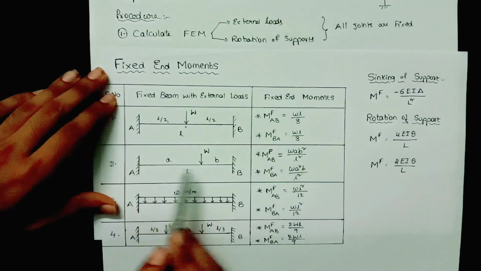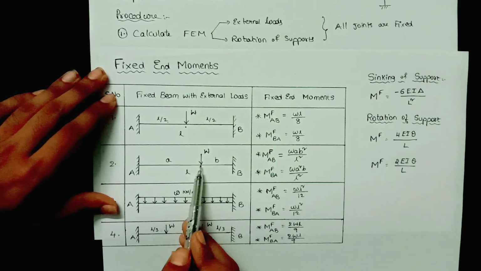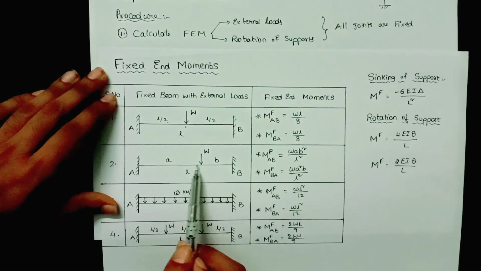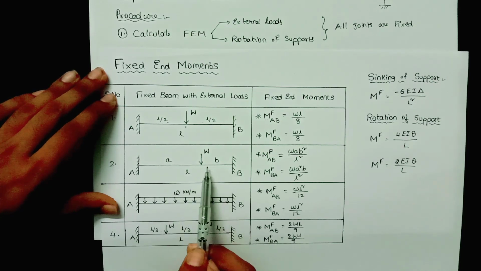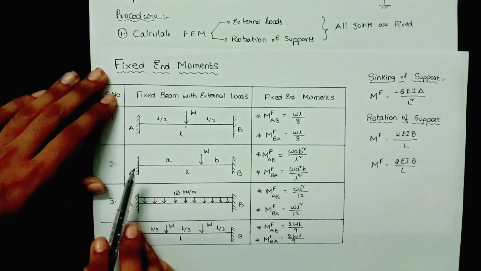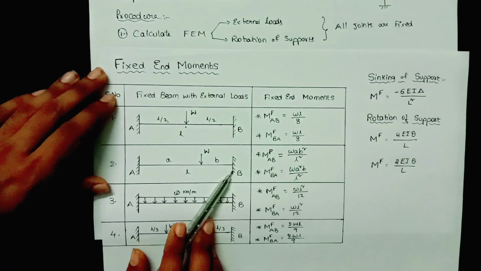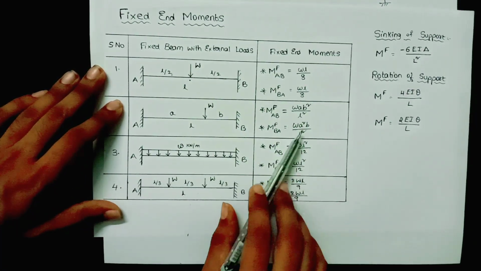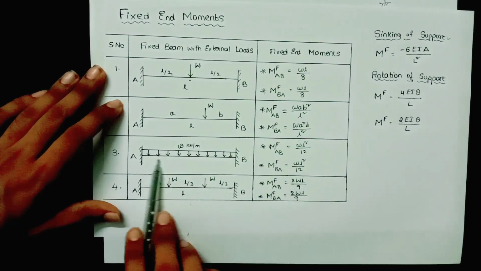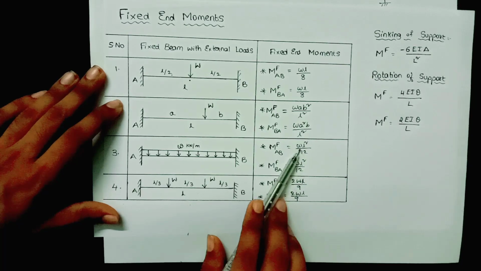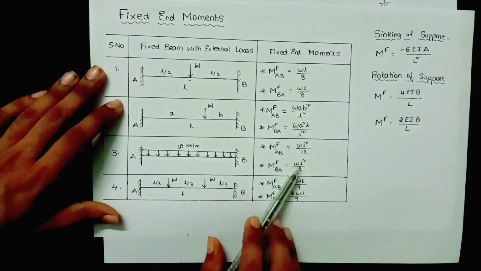If there is a fixed beam having a point load not at the center but at different distances, from the left support it is at a distance a, and from the right support it is at a distance b, then we have to use these formulas for calculation of the moment at this support and this support: Wab squared by L squared, Wa squared b by L squared. If a fixed beam has a UDL over the entire span, then these are the formulas: WL squared by 12, WL squared by 12.